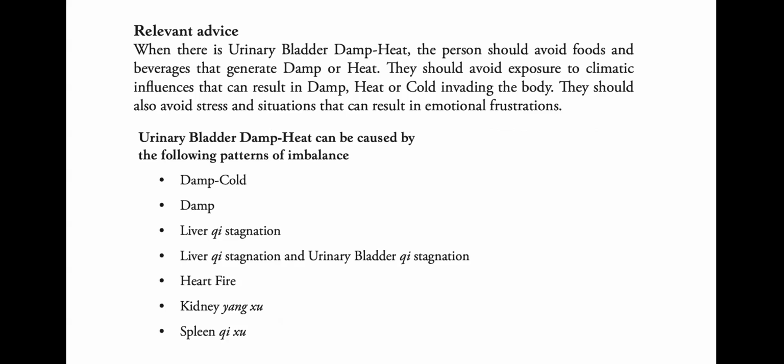Urinary bladder damp heat can be caused by the following patterns of imbalance: damp cold, damp, liver qi stagnation, urinary bladder qi stagnation, heart fire, kidney yang deficiency, and spleen qi deficiency. In turn, it can result in kidney yin deficiency, phlegm, urinary bladder blood stagnation, and qi stagnation.